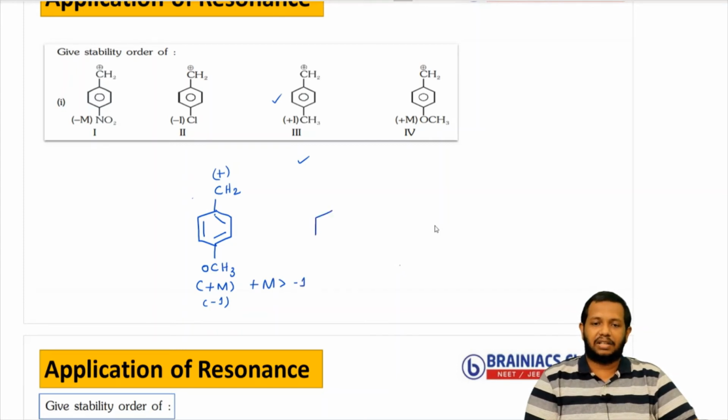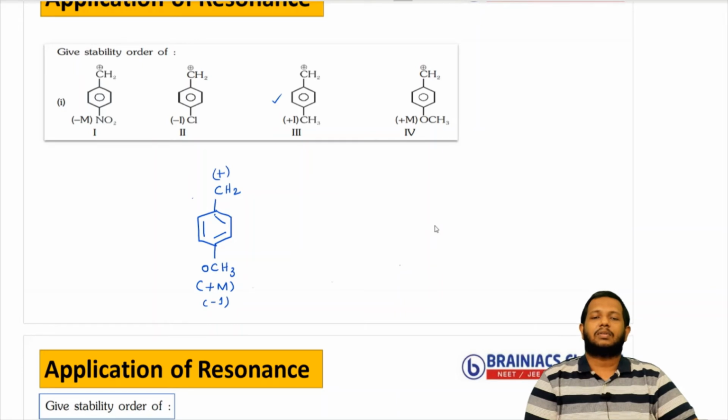When plus charge comes here, you have CH2 and here you have OCH3. This OCH3 has a lone pair that will come over here and donate electrons, thereby removing the positive charge and making it more stable. So I can say the fourth one is more stable.